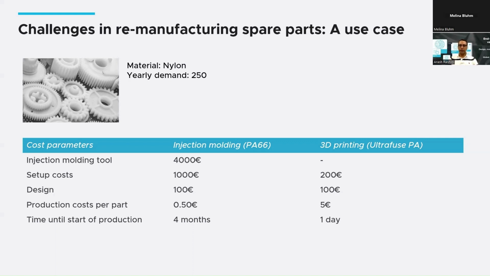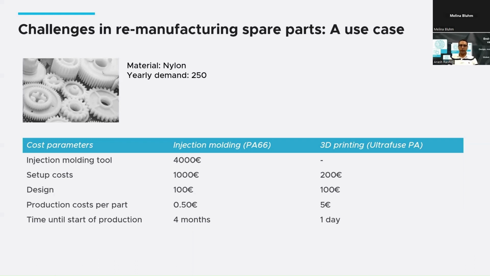And this whole procedure took around 4 months until the OEM had its parts. So we did the same calculation for 3D printing, and we used Ultrafuse PA material.